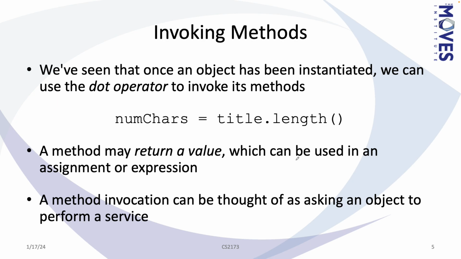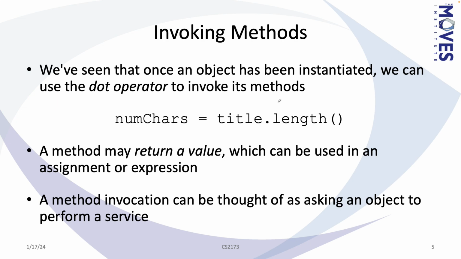Now, once we have instantiated an object, what do you do with it? Well, one of the things we can do is invoke a method. In fact, that's pretty much the only thing we can do with an object. An object consists of two pieces: data and behavior, or more specifically, instance variables and methods.